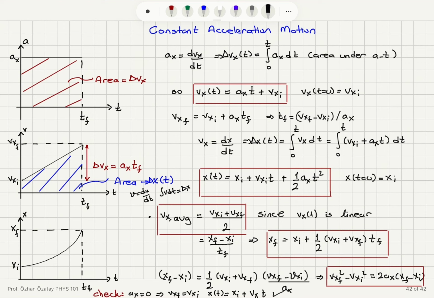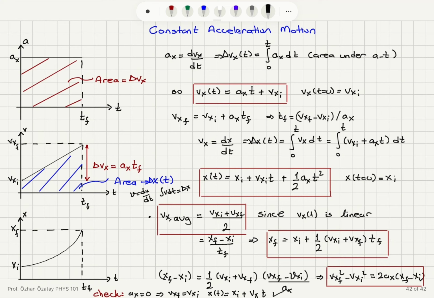The position at time t is initial position plus vx initial t plus 1/2 ax t square, and the average velocity is the algebraic average of Vx initial and Vx final.